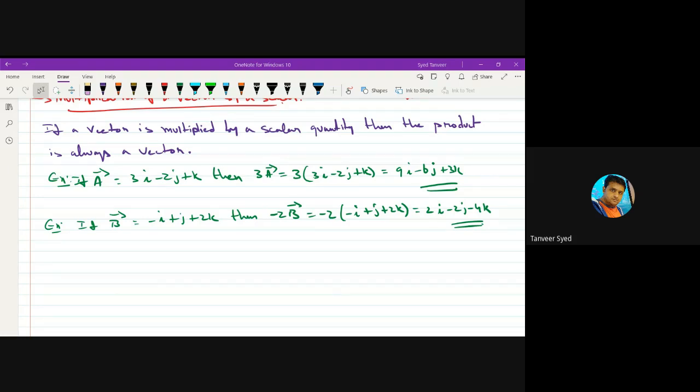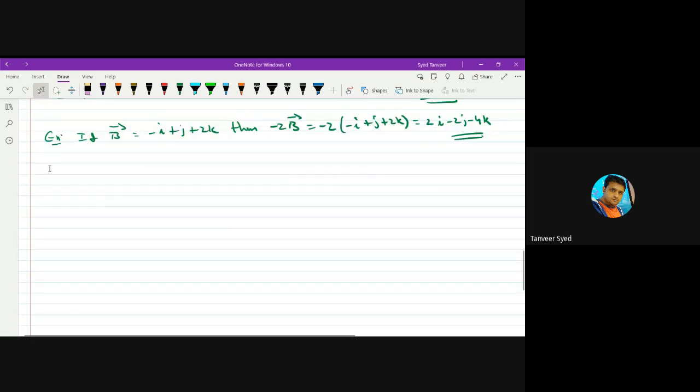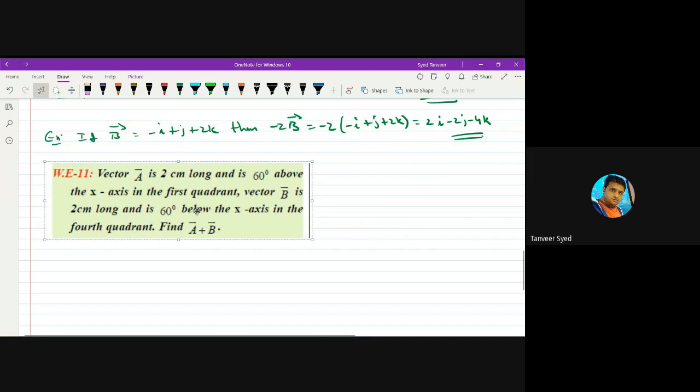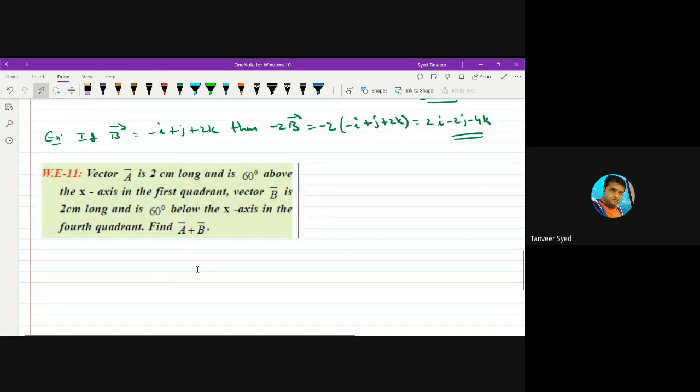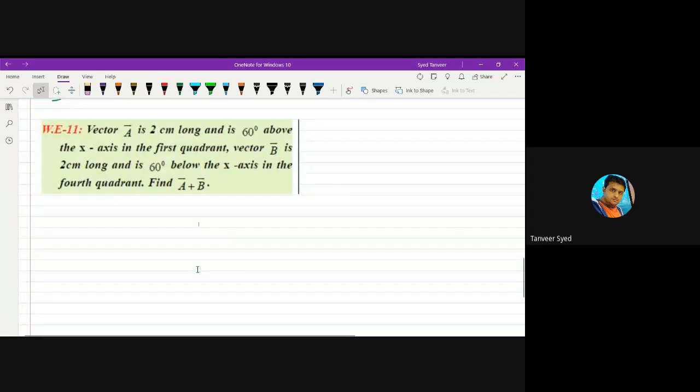Vector A is 2 centimeter long and 60 degrees above the x-axis in the first quadrant.